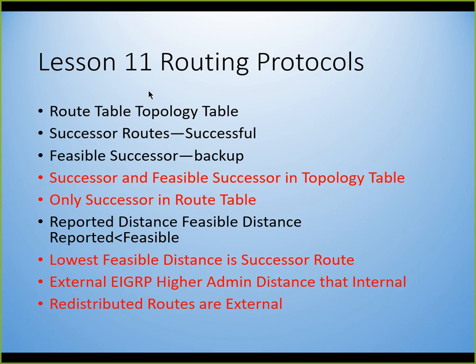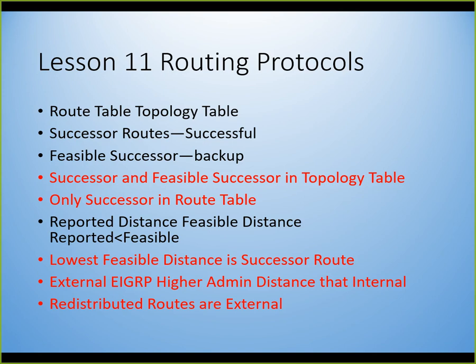And more things here. In EIGRP, we had a route table and a topology table. We had successor routes, and again, when you see successor, think successful. The successor routes are the ones that are going to go to the route table. Feasible successor routes are backups, and this is the reason that EIGRP is able to converge so quickly: it has the routes that are being used in a route table, and the backup routes.